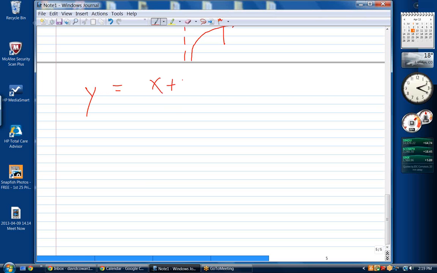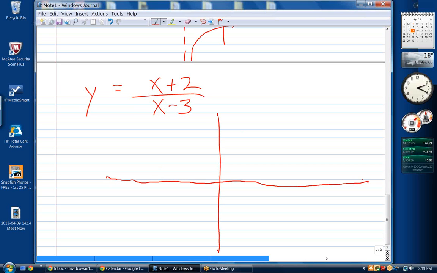Now, when you have a variable in the numerator and the denominator, it affects the horizontal asymptote, but the vertical asymptote is still only, what can't x be? 3.